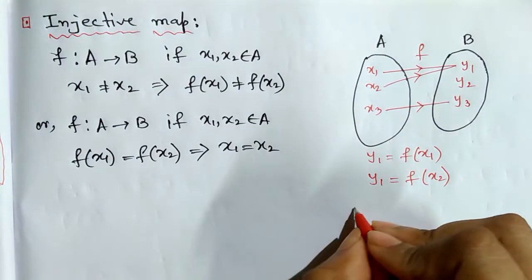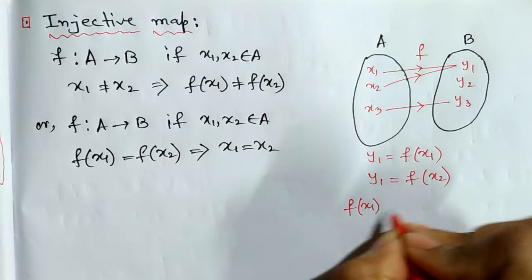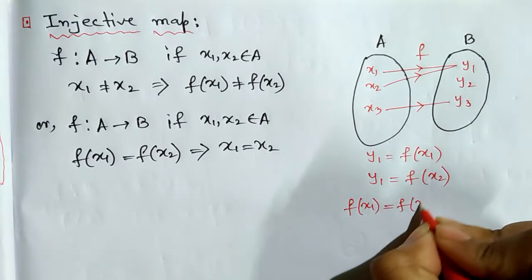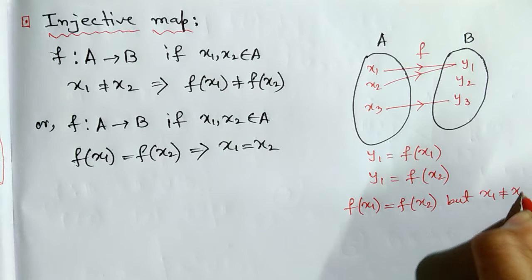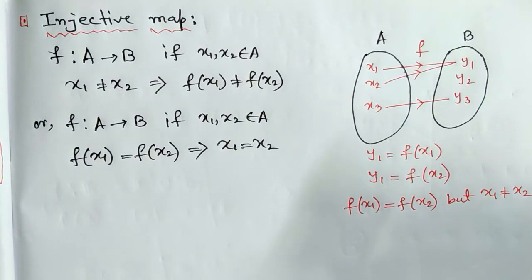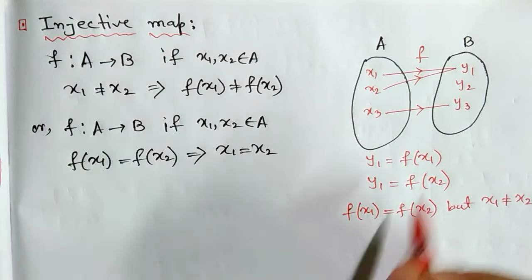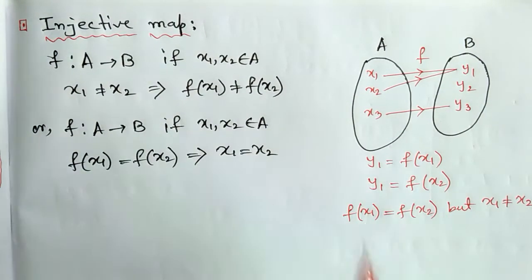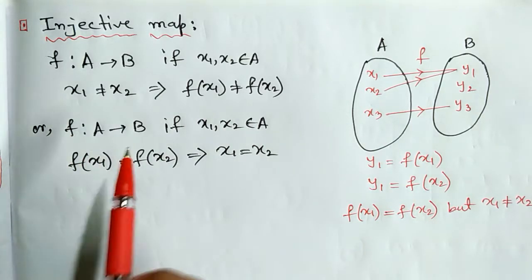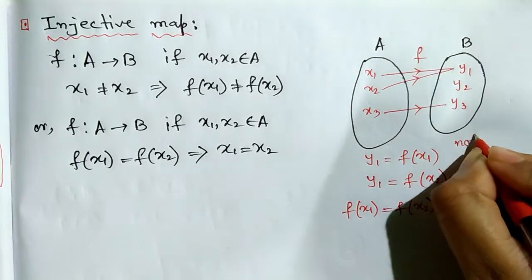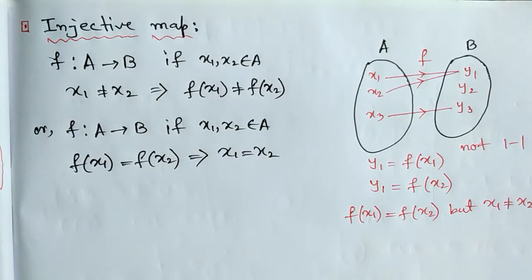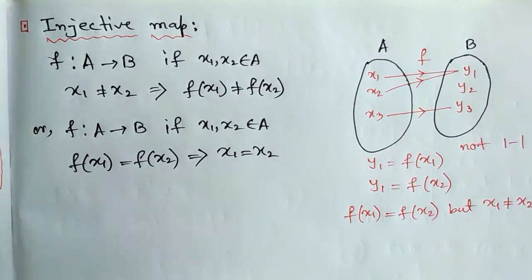So we see that here f of x1 equals f of x2, but x1 and x2 are two distinct points in A. So this figure violates the definition of injective map. So this is not one-one.